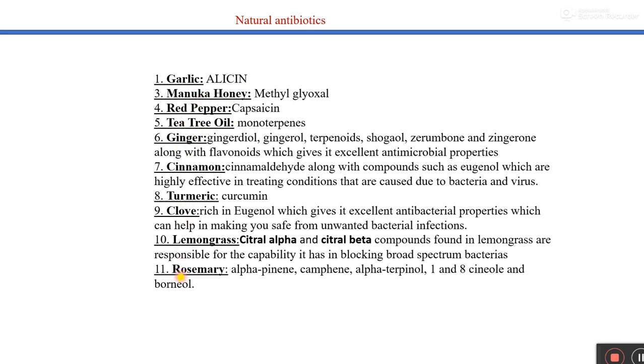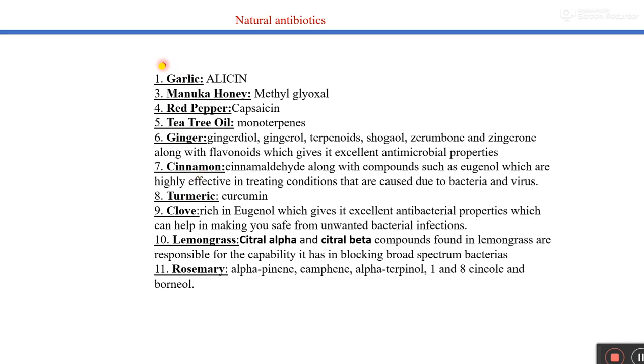Similarly, there are a total of 11 plant products from where these secondary metabolites are produced, which act as antimicrobial agents. So these antimicrobial agents act as natural antibiotics, right?